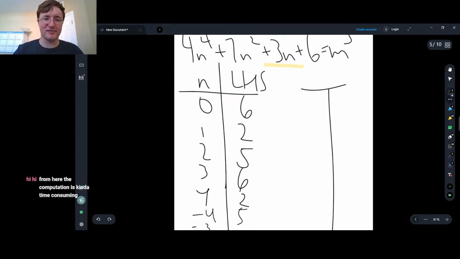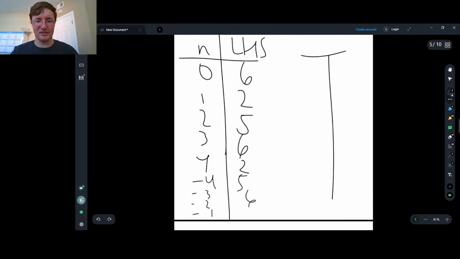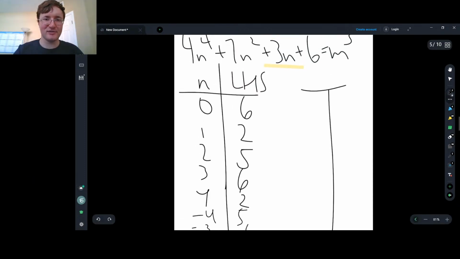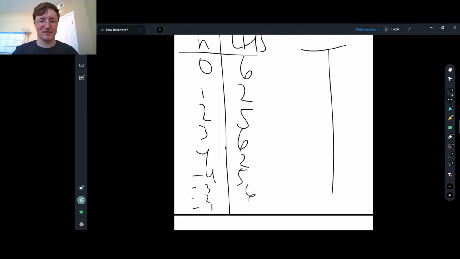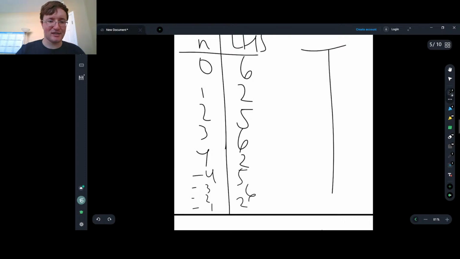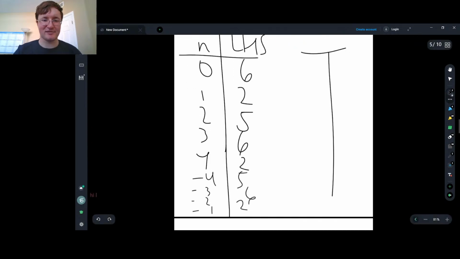When I plug in negative 3, I get 6 again. When I plug in negative 2, I'm subtracting 12, so that's negative 7, which is a 2. And when I plug in minus 1, I get 2 minus 6, which is minus 4, which is 5. Okay, whew. So there are no solutions.